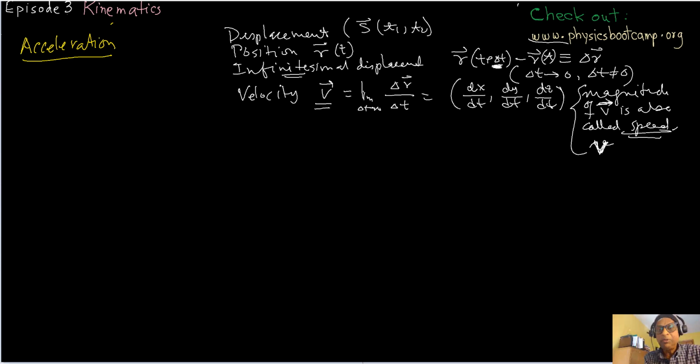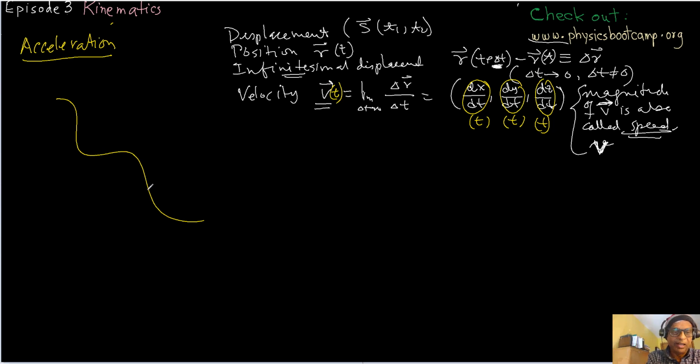Okay, now the velocity is also a function of time. When you take a derivative, it will be a function of time. In general it may be constant, but in general it is a function of time. So something is moving about, and we can take a time t and some instant later, t plus delta t, and we can ask, what's the velocity here when it's over here?